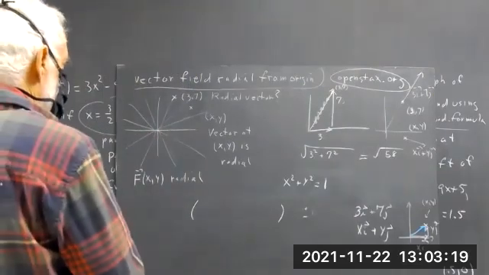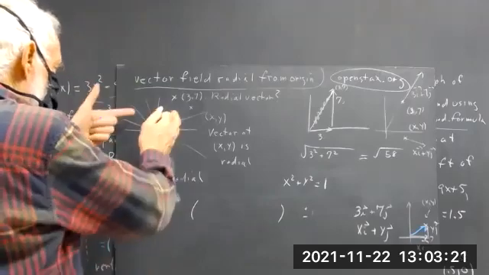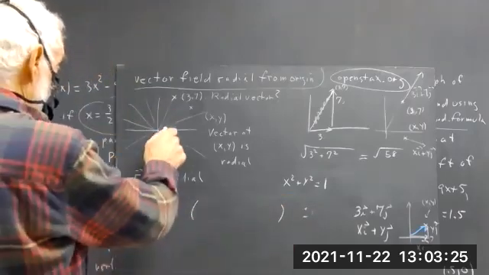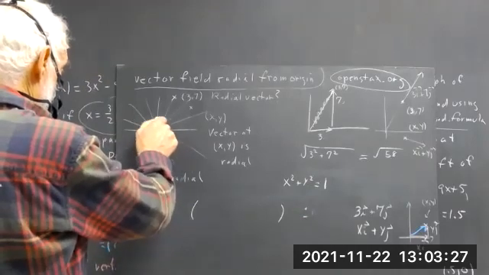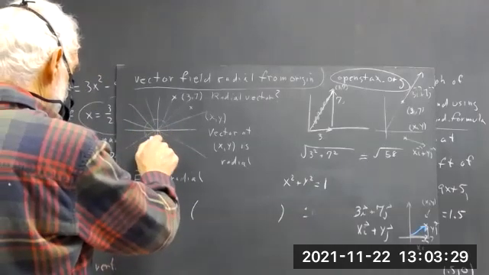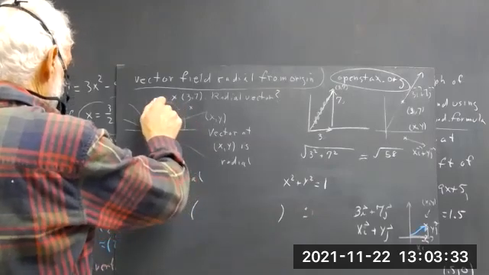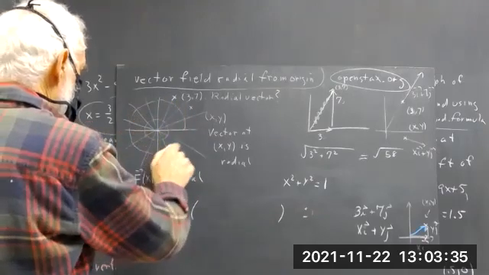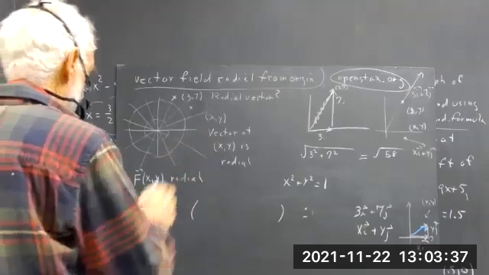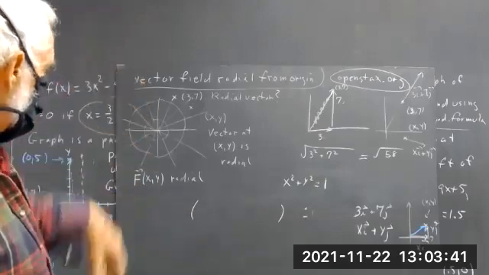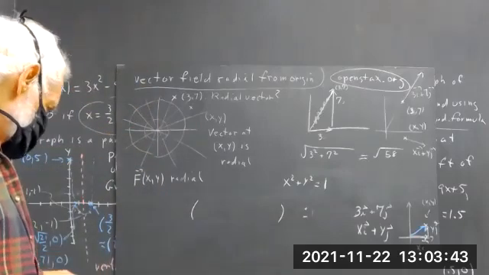How about we draw the vector xi plus yj on this picture? I'm going to say draw them on this circle. Of course, there's some little labeling.